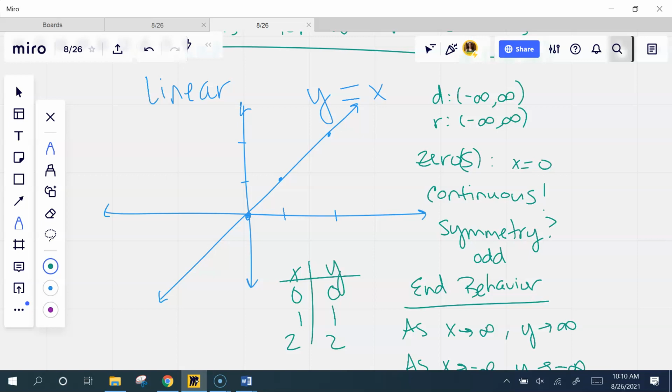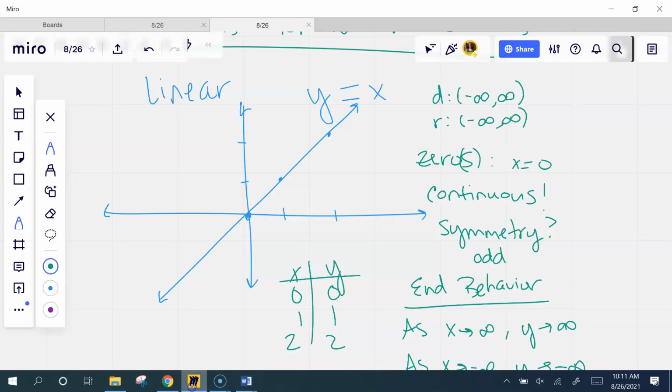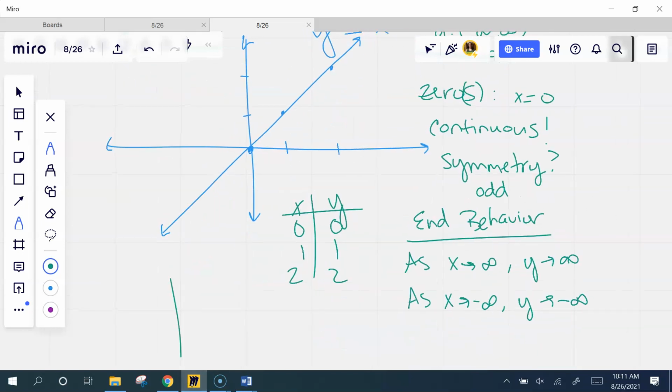There's a section, if you look, points used to graph, and you'll tell me the points that you use to graph, because the point of it is that you're doing specific points. If you just get on your test and go, okay, linear, and that's what it looks like, I'm not giving you credit for that. This is easy enough as it is. You need to be precise. All right, questions?